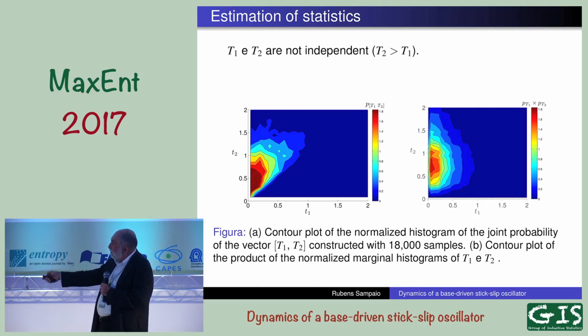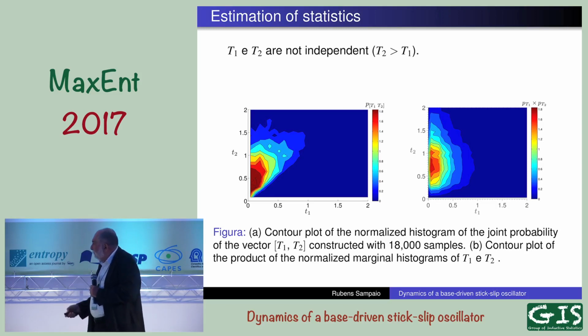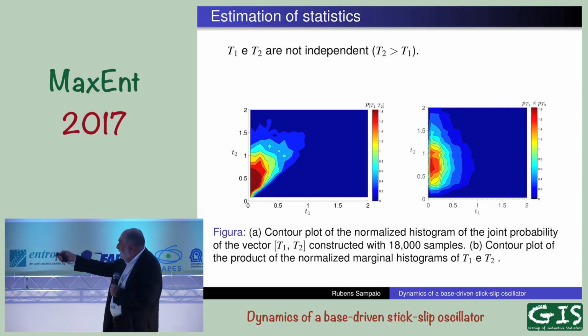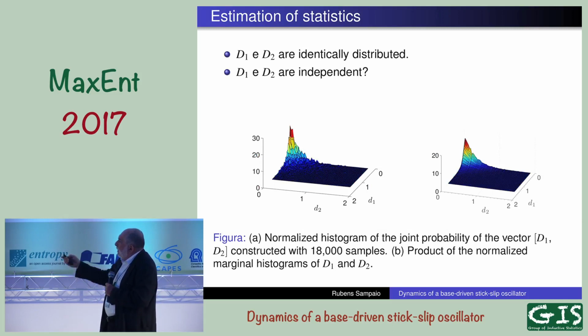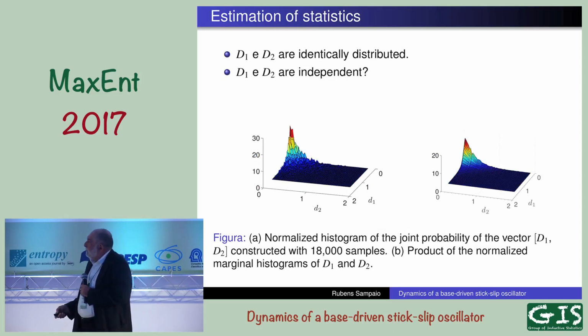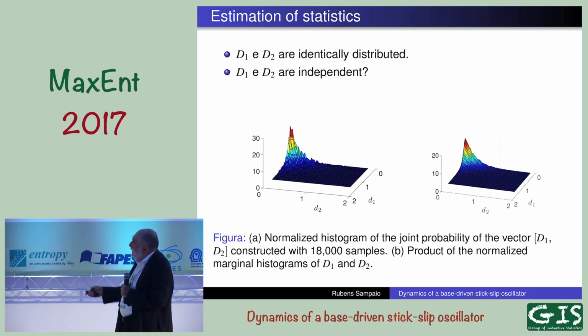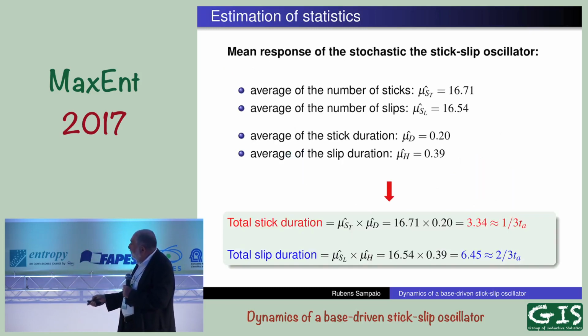What we did is make a histogram of T1, T2, the joint probability, and we discovered that that's what one found. And this is what one would find if they were independent. They are not. On the other hand, D1 and D2 look like they are independent. You see this thing appears the same.